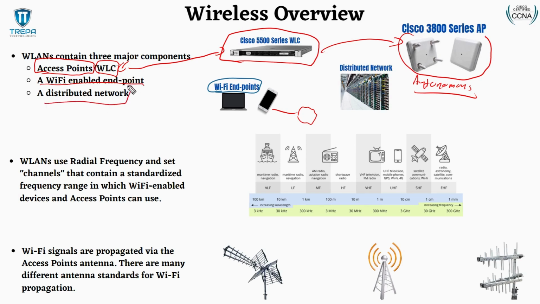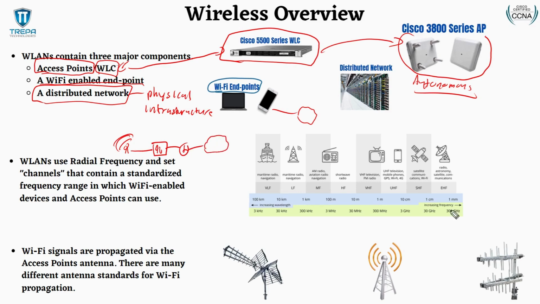And then, of course, the distributed network. The distributed network describes the physical infrastructure that you are connecting to over Wi-Fi. So what do we mean by this? When we have our access points, that access point is going to be connected to a switch, that switch to a router, and off to the internet.